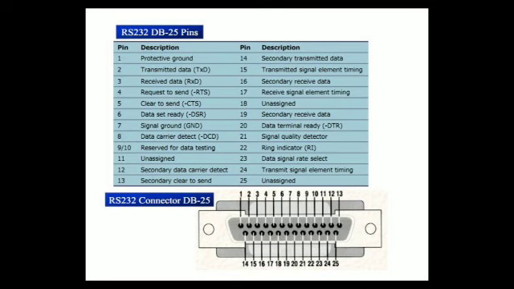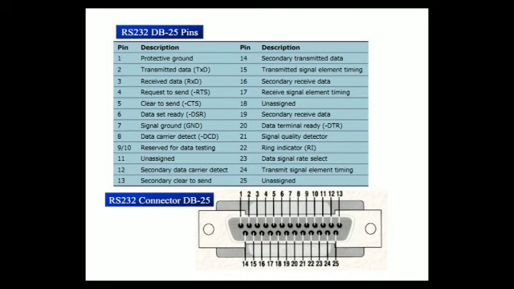Since in DB25 there were excess pins available, IBM came up with the idea: why can't we reduce it? Since we don't use all 25 pins for communication, let us take only those pins which are very necessary for establishing serial communication.